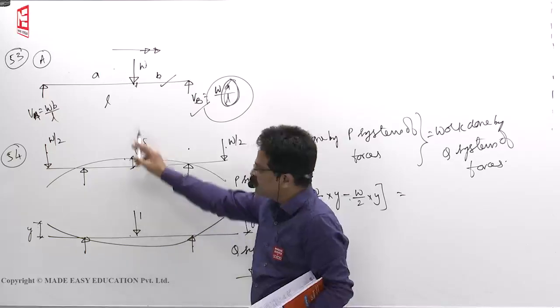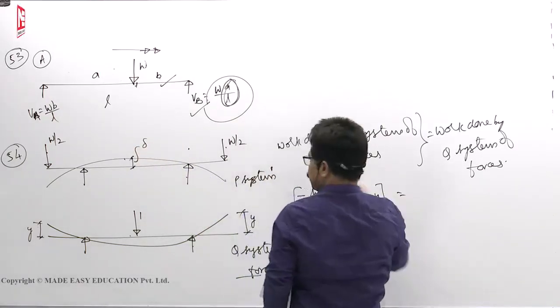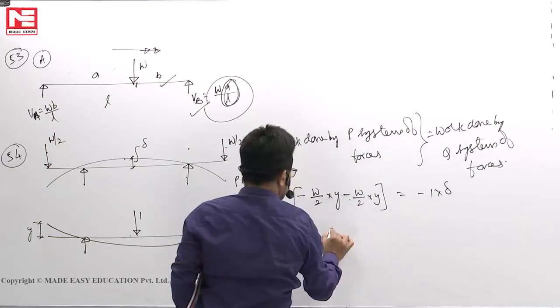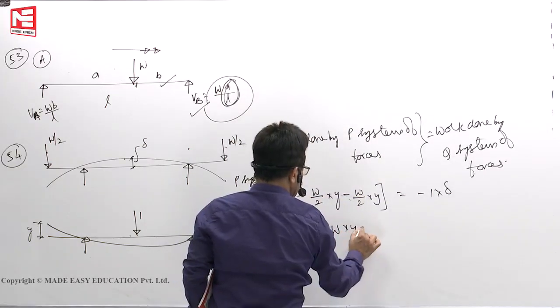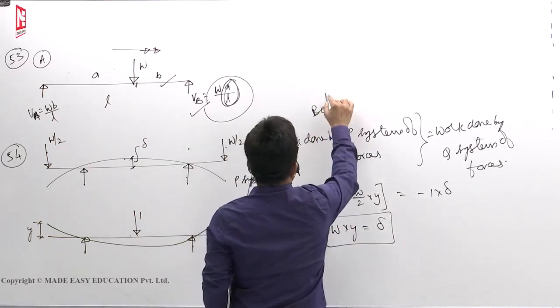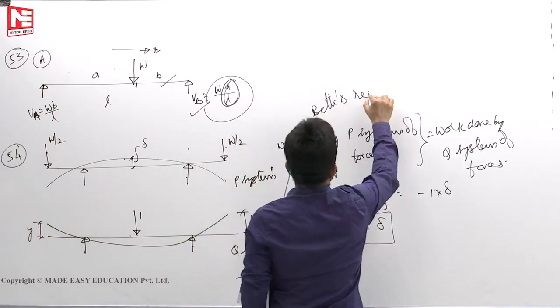The unit load is downward but the deflection is upward, so minus 1 into delta. So you will get W into Y is equal to delta.